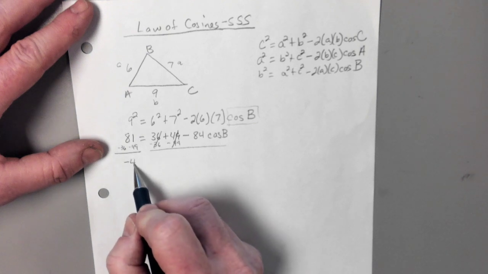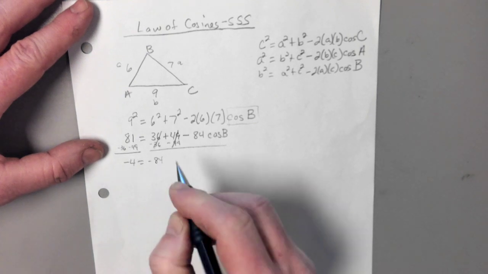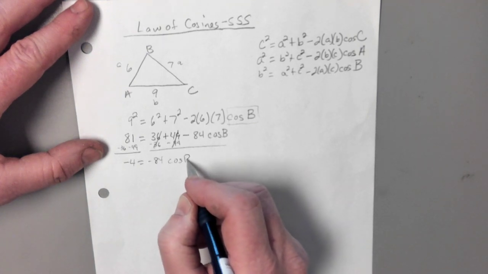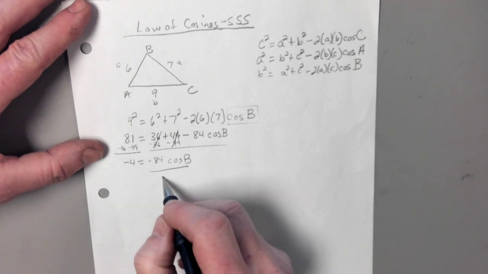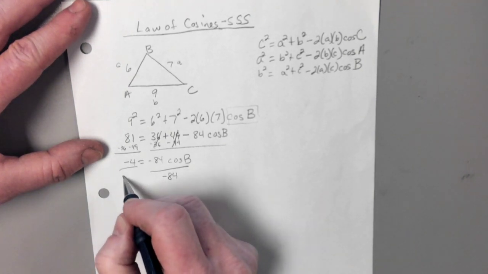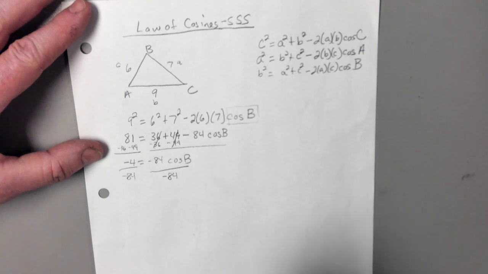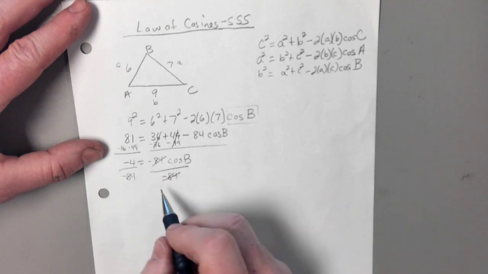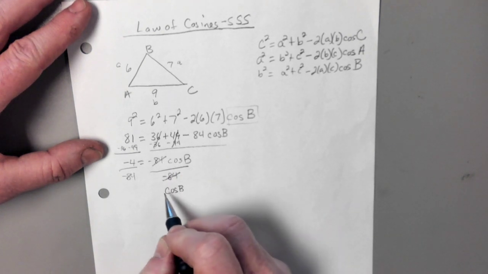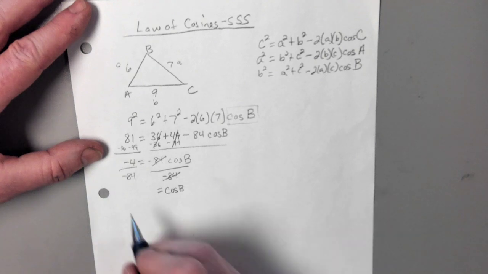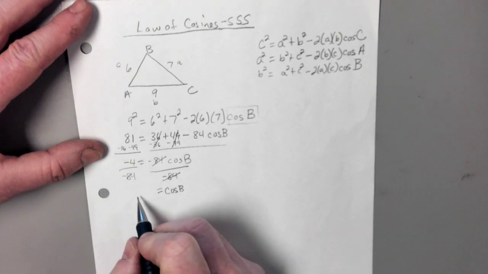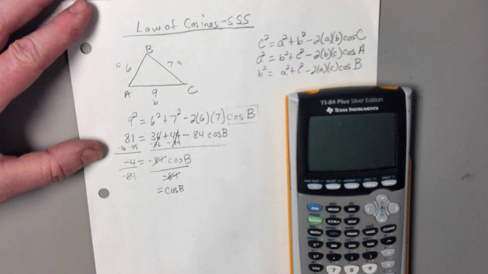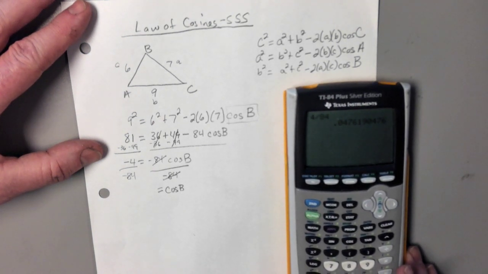So this ends up negative 4 equals negative 84 times the cosine of angle B. Divide by negative 84. So the cosine of B is equal to 4 over 84, which if we do that on our calculator, 4 divided by 84, we get 0.0476.